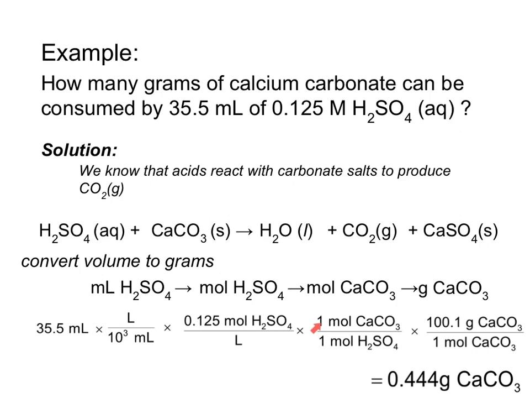If we stopped right now, we would know how many moles of calcium carbonate we form, but we want to find the grams. As we've done before, we can use our molar mass of calcium carbonate to convert to grams, to find that 35.5 milliliters of 0.125 molar sulfuric acid can consume a total of 0.444 grams of calcium carbonate.